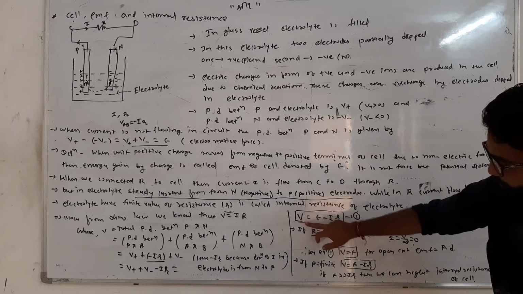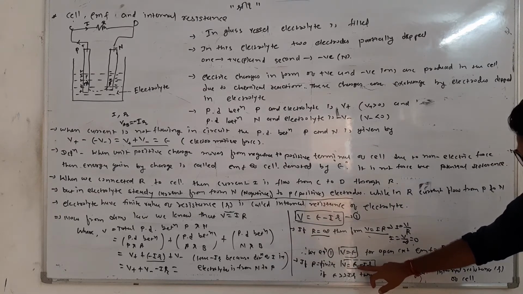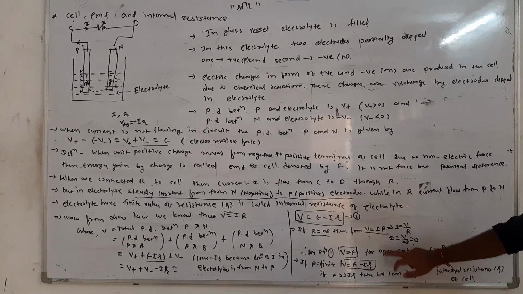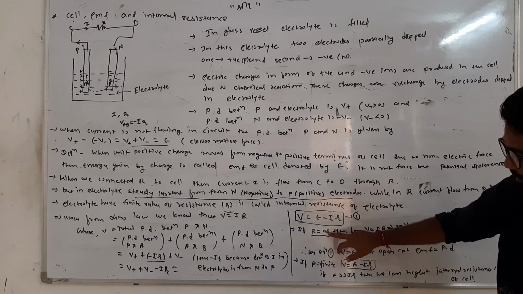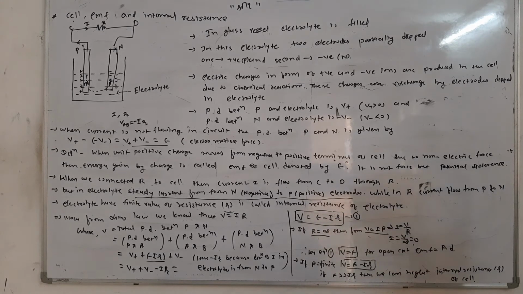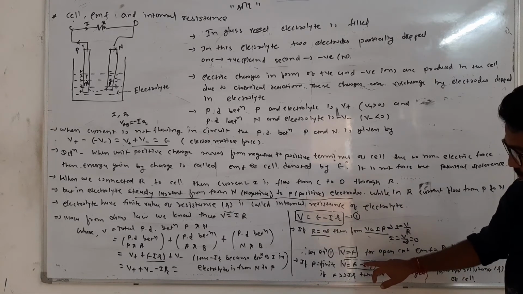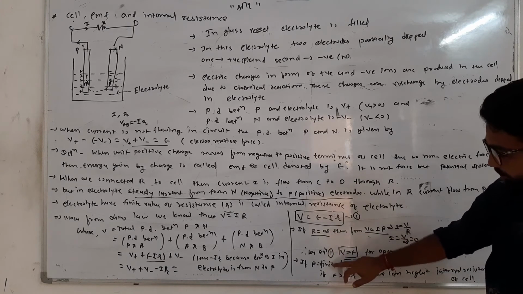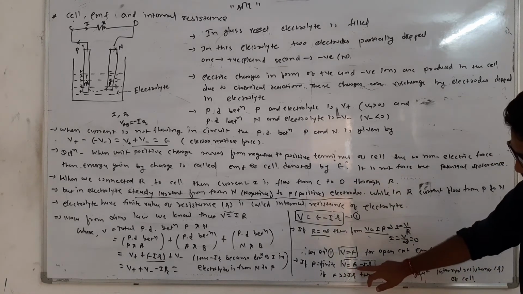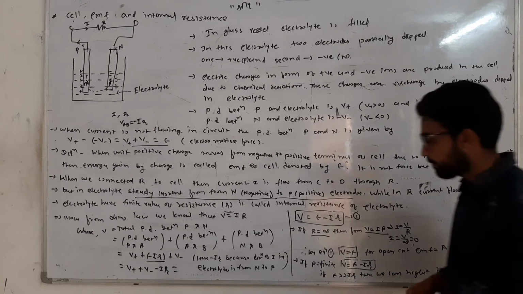So at that time, the potential difference is given by EMF minus Ir. So here we consider two cases. When our resistance value is infinite, at that time potential difference is equivalent to EMF. But when this resistance value is not infinite, but has some finite value, at that time potential difference is given by V is equal to E minus Ir.